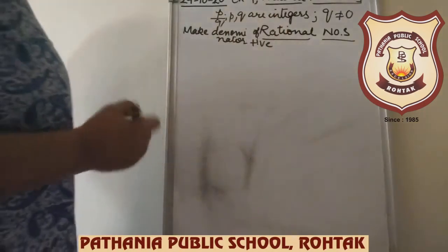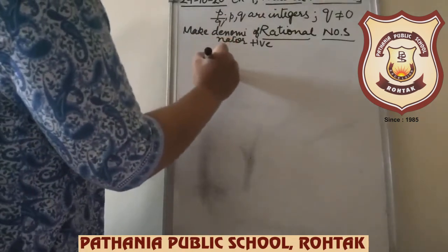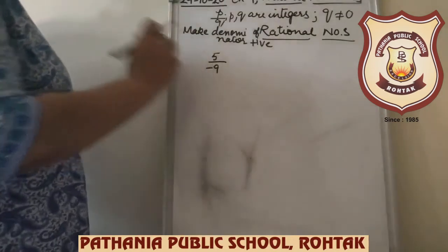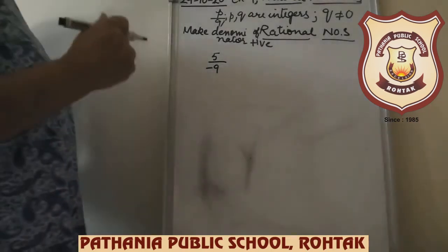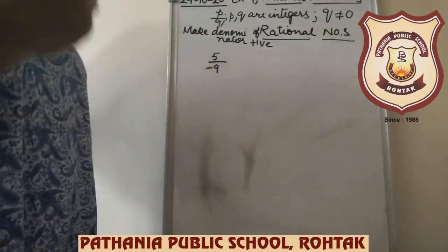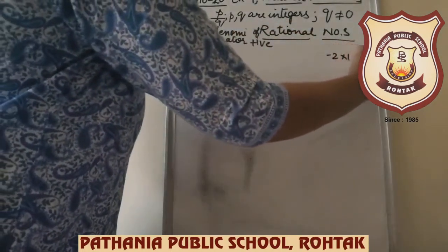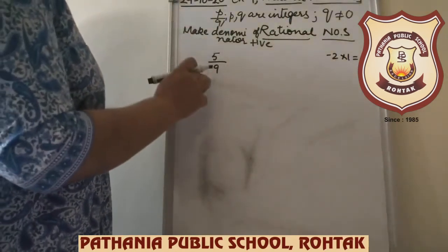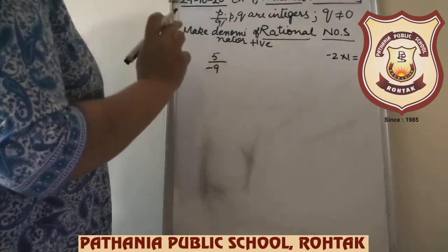How you are going to make it? Suppose you have 5 upon minus 9. This is a rational number. Now see here, we have done multiplicative identity. Means if I multiply any integer, any number with 1, its identity remains same. But here you have to make the denominator positive.